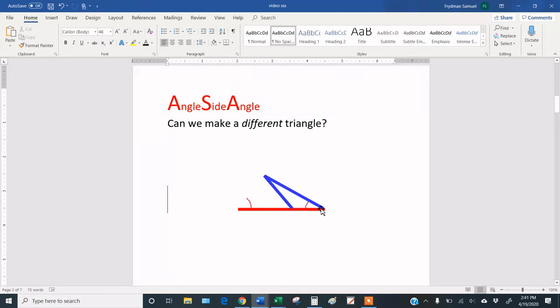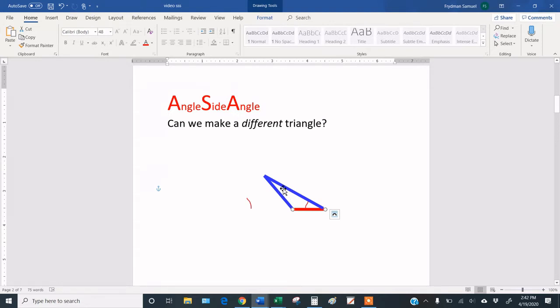Is this triangle okay? Again, the answer is no, because the only way for me to make that a normal looking triangle is for me to take this side and move it this way. But I'm not allowed to do that because this side was drawn in red. I'm not allowed to change how big it is.